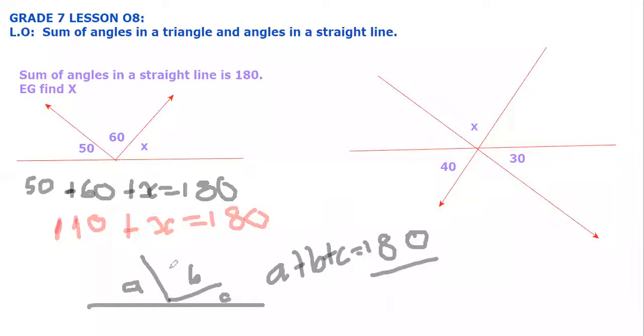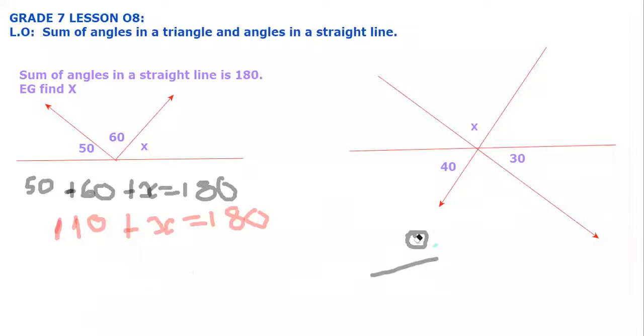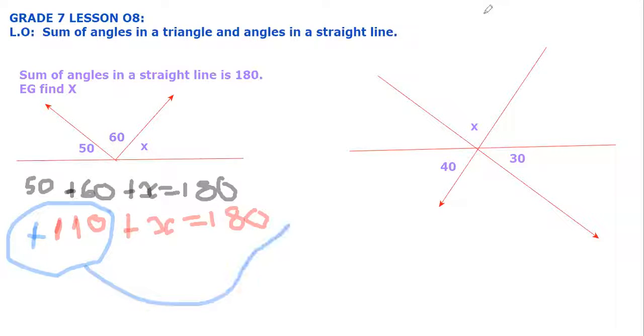Allow me to wrap this for now, because I want to use this space. 110 plus X is equal to 180. So I can take this 110 to the other side. It has no sign, which means it is positive, so when I take it to the other side it becomes negative.